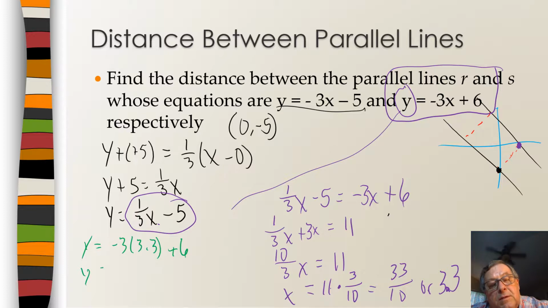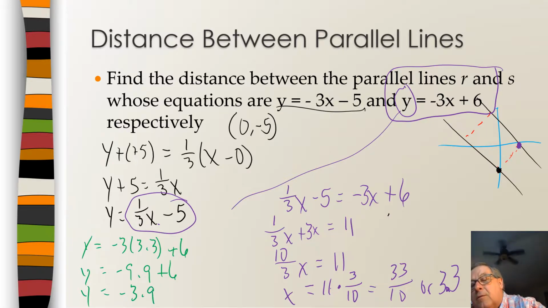Negative 3 times 3.3 is negative 9.9 plus 6, and that is equal to negative 3.9. So my coordinates then, I've got one here, which is 0, negative 5 at this point right here. And we're saying we got another point of intersection right there where x is 3.3 and y is negative 3.9.